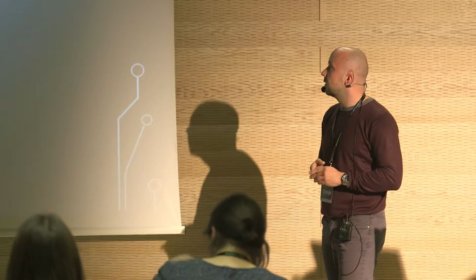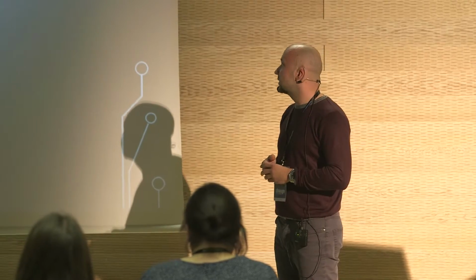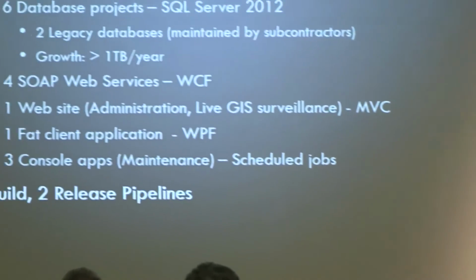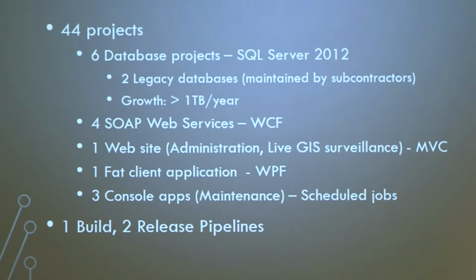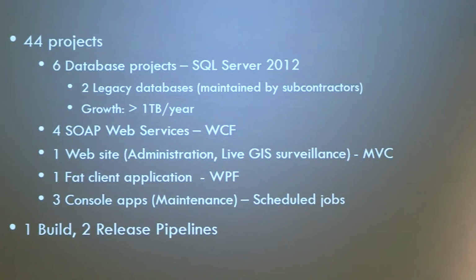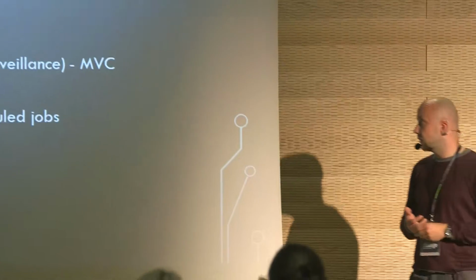Okay. One of the samples we have here is a ticketing solution within our company. It has 45 projects. Six of them are database projects. Two legacy applications that we don't maintain are maintained by another company, and it is used in production. We have a growth of 1 terabyte per year of data.